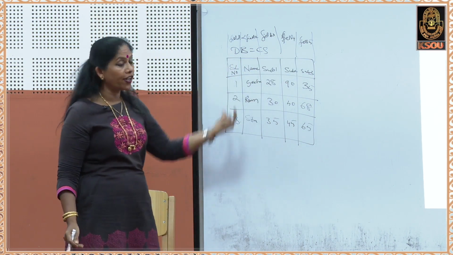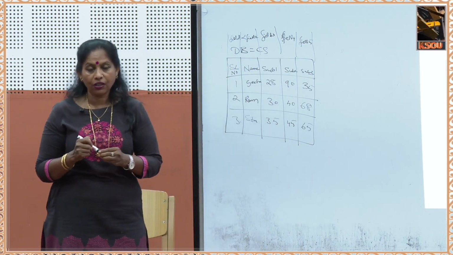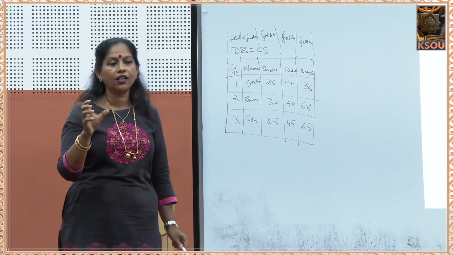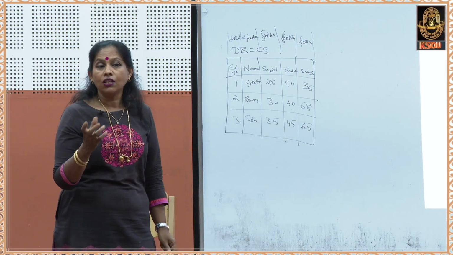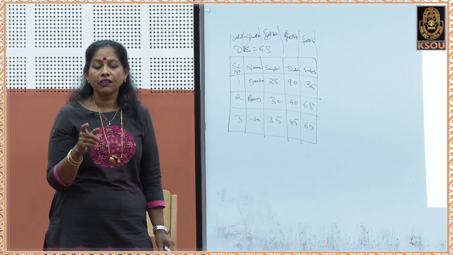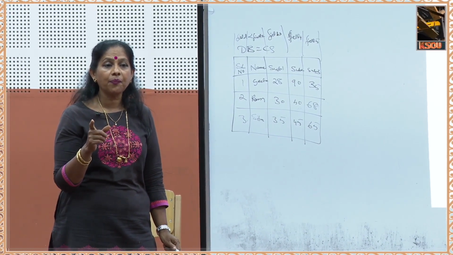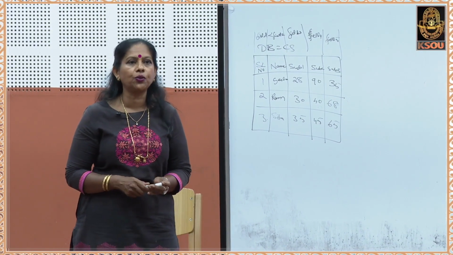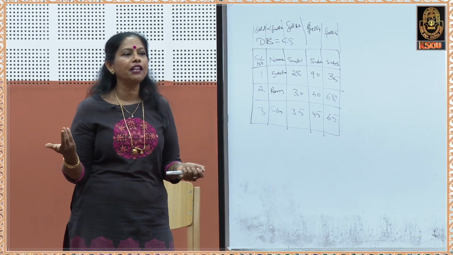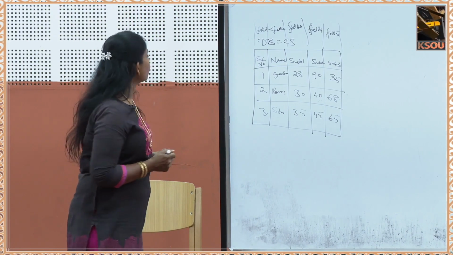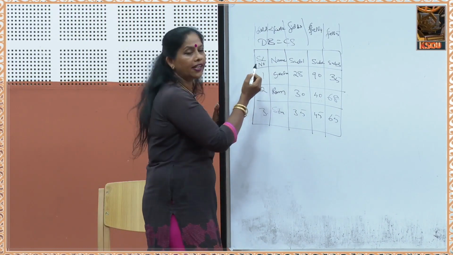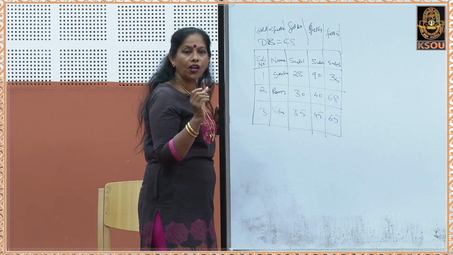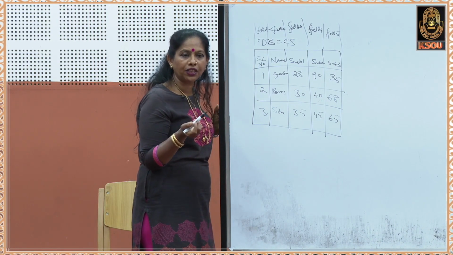So these column names are called as field names. So in computers, field is called as an attribute. You should remember that. What is an attribute? Attribute is nothing but fields. Serial number is one attribute. Column names are called as attribute names.